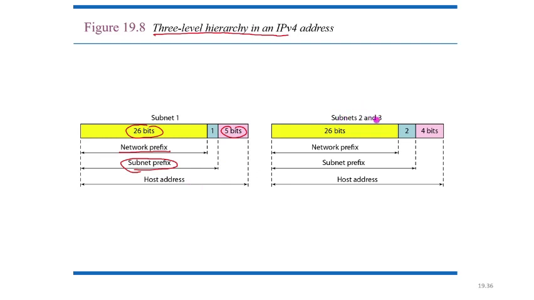Similarly for subnet 2 and 3, 26 will be the network address, and 26 plus 2, that is 28, will be the subnet prefix, because in subnet 2 and 3, /28 was used. Here /27 was used, so 27 will be the subnet prefix, and the remaining 4 will be for the host.